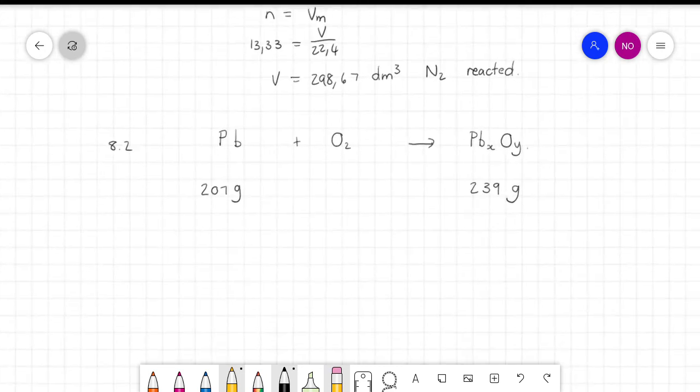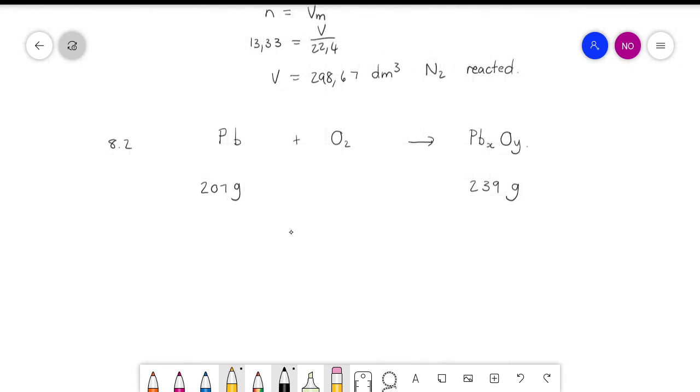So, what you have to see here is of the 239 grams of the lead oxide, 207 grams will be from lead. Hoe kry ek dit?